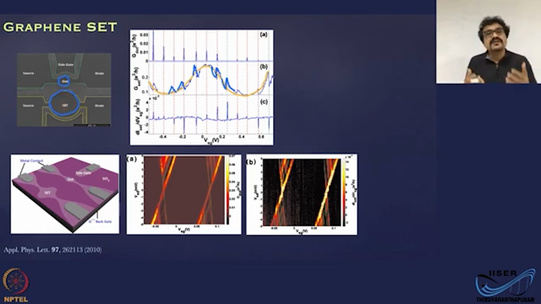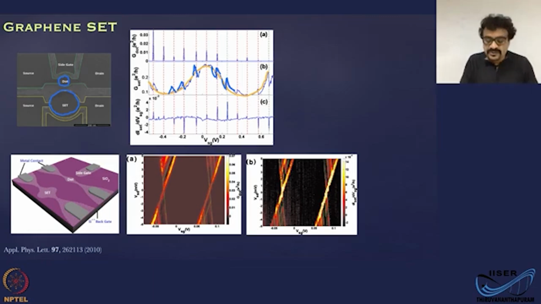Both of these are Coulomb blockade devices. So when you vary this gate, you not only observe Coulomb blockade oscillation for transport through the dot, but you also observe Coulomb blockade oscillation for transport through the SET. And this is going to be much slower because this gate is further and this dot is larger. The effect of this gate on the single electron transistor will be much weaker than on the dot, because it is much farther compared to where the dot is.